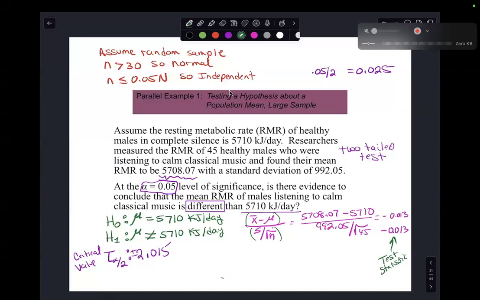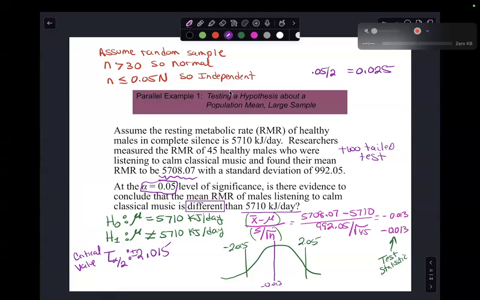If I was to draw it, this is negative 2.015. This is 2.015. My test statistic is right here, just to the left of the mean, negative 0.013. It is so close to the mean. It clearly is not unusual. It is inside my confidence interval.